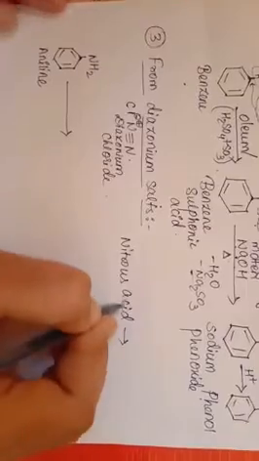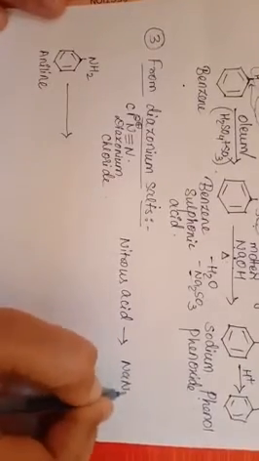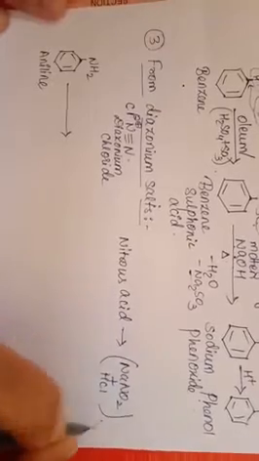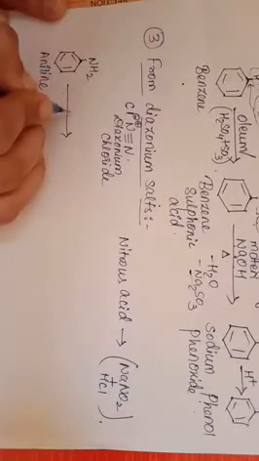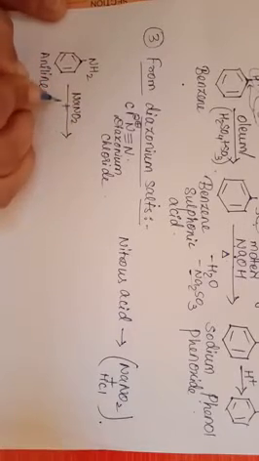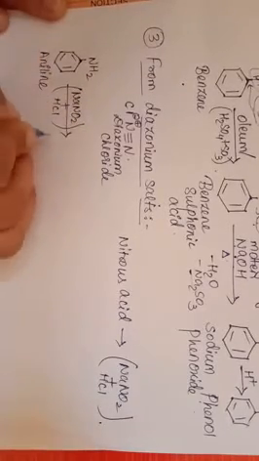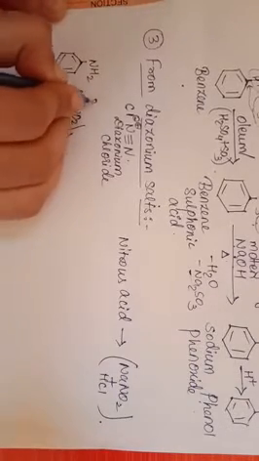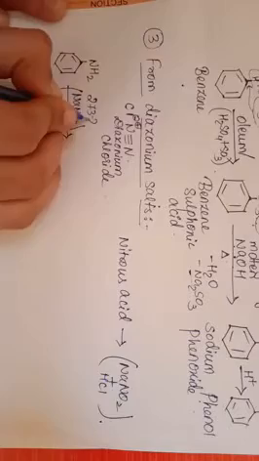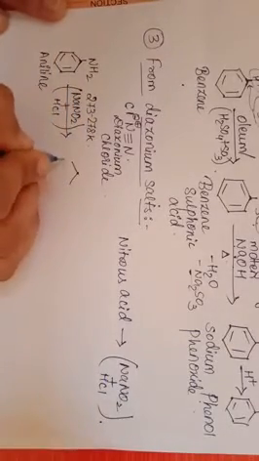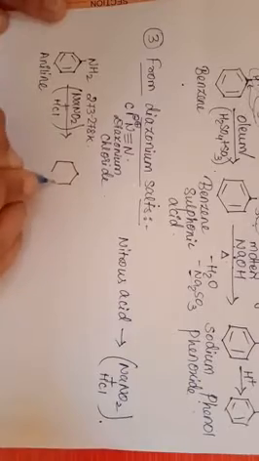This is nothing but NaNO2 plus HCl. Remember this. So you can write here anything, nitrous acid or NaNO2 plus HCl. Here also we need to maintain the temperature, that is 273 to 278 Kelvin. You will get your benzene diazonium chloride.